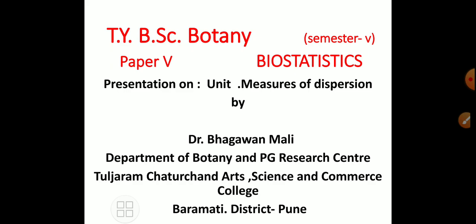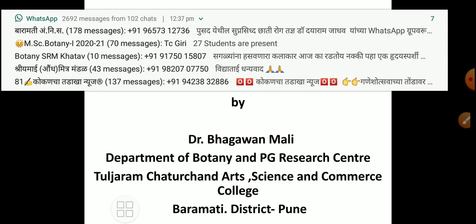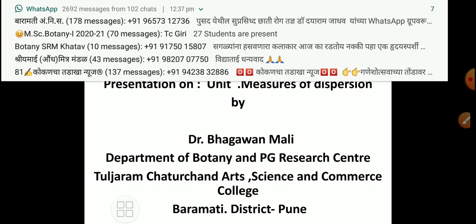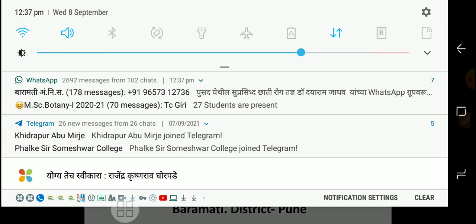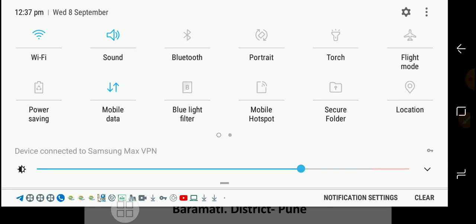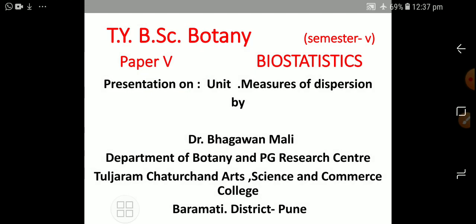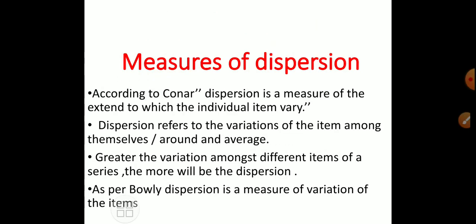The variation among the atoms of the population that we want to measure, and with the help of that dispersion, we will be able to get an idea about the total population. Now, according to Konar, dispersion is a measure of the extent to which the individual atoms vary.